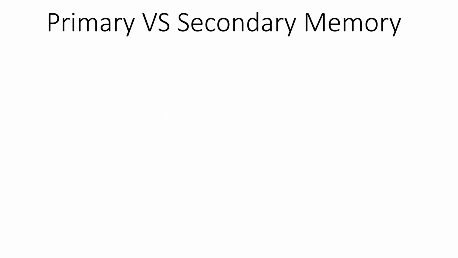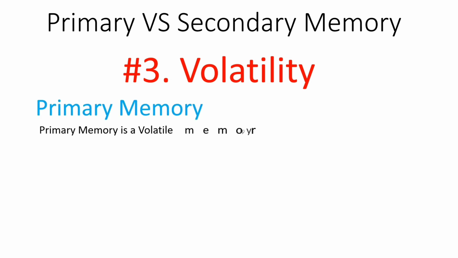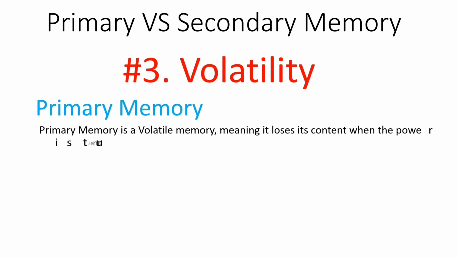And the third difference is on the basis of volatility. Primary memory is a volatile memory, meaning it loses its content when the power is turned off or during a system restart. So when our computer system is turned off or it restarts, the data in the primary memory is lost.